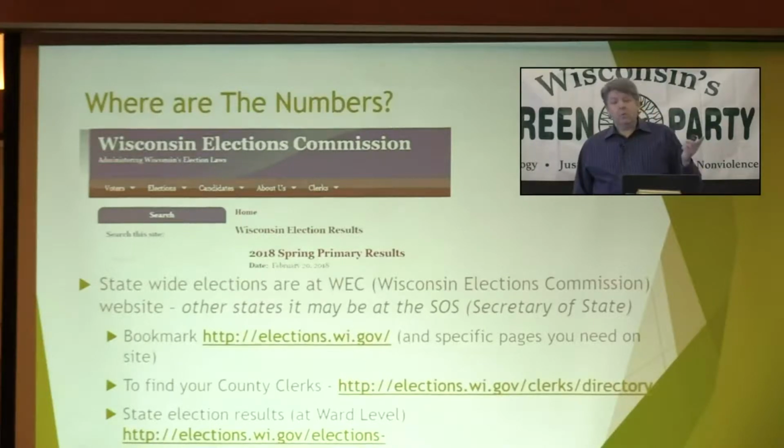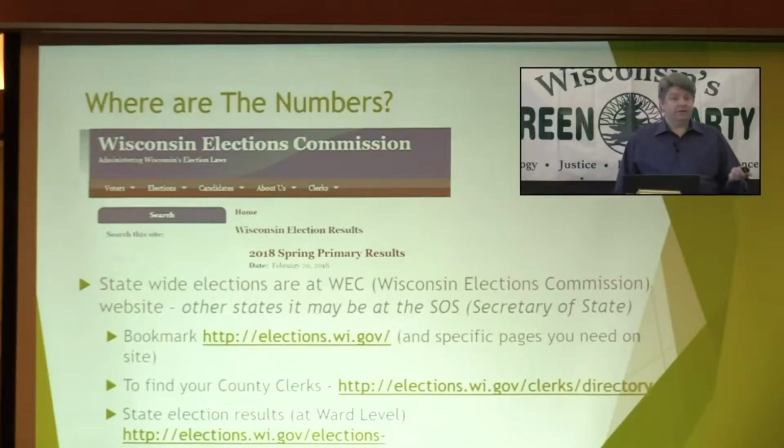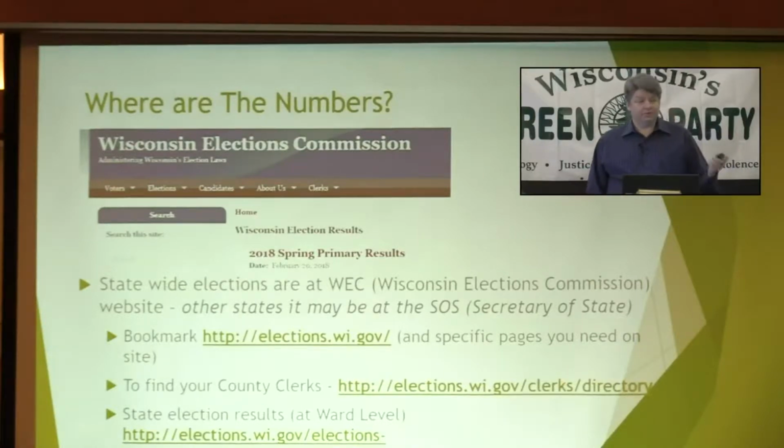One of the key things that you're going to want to do is take a look at things at a ward level. In other states, that might be called a precinct level. And even in some of the areas in Wisconsin, they'll have precincts that parallel wards as well. But basically, it's a small division where people are responsible for a given area. You may have a given voting center that has multiple wards voting in that same center.